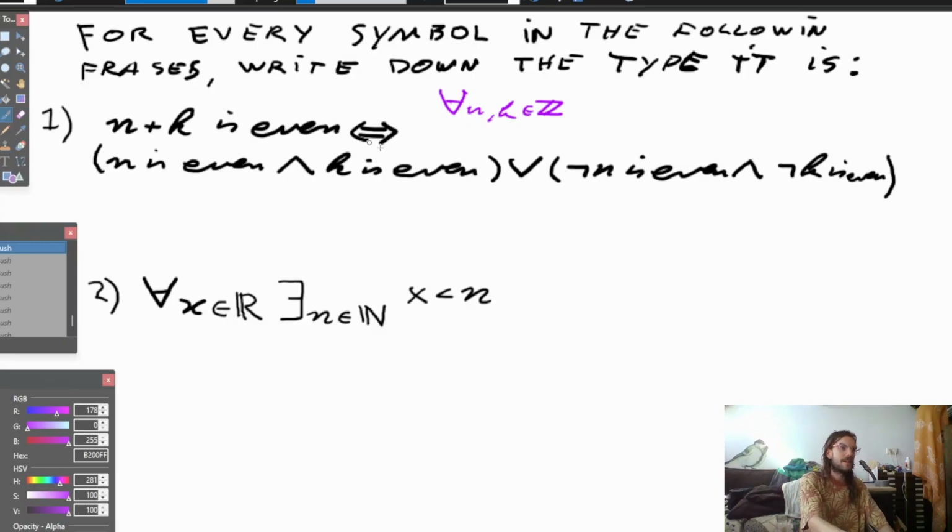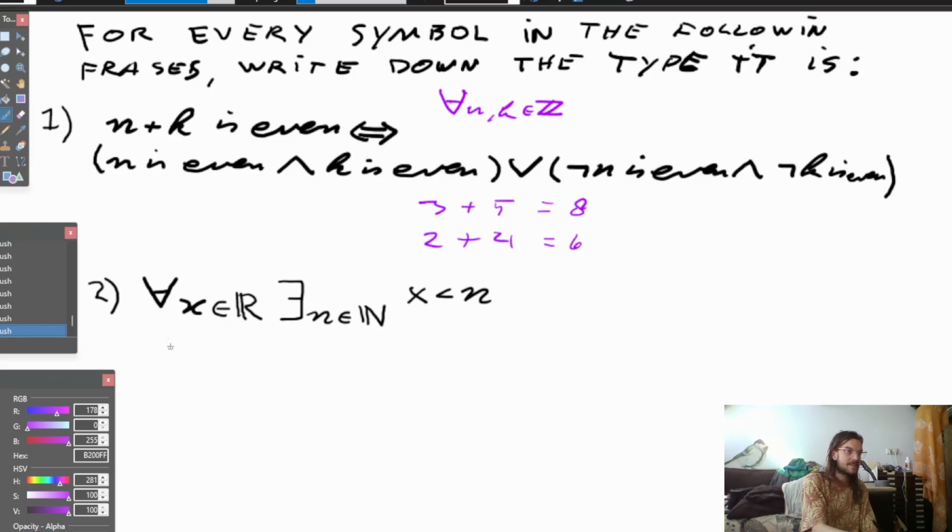And this if and only if is very important. It means that it also can go the other way around. If n is even and k is even, then k plus n is also going to be even. Okay, of course 3 plus 5 is, one more example is 8 is even. And 2 plus 4 is of course going to be 6, which is also even.